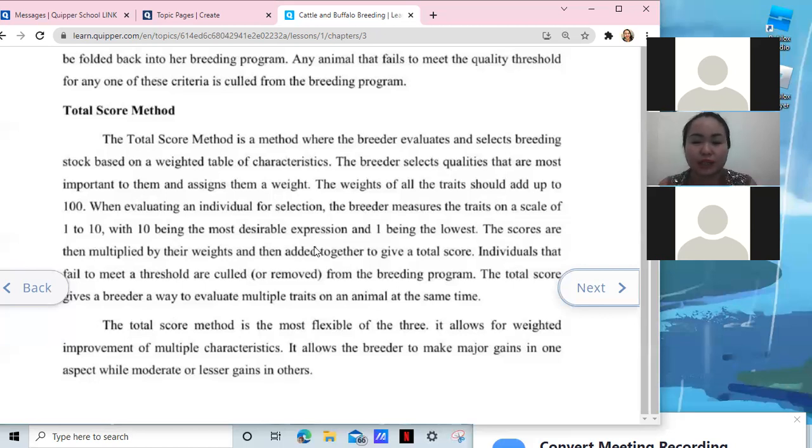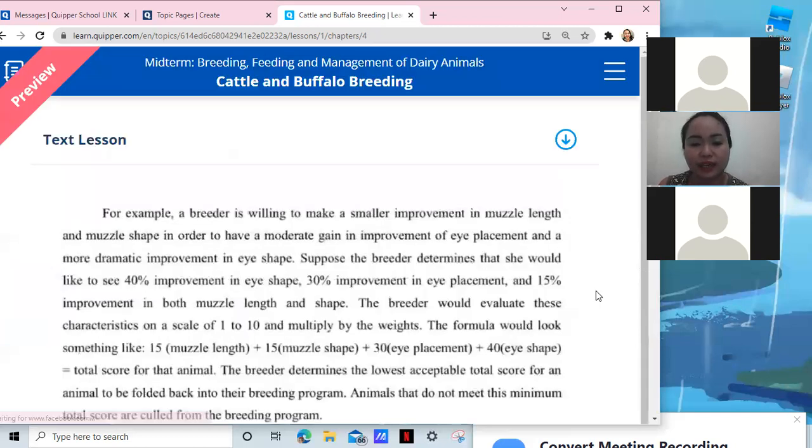Depende sa score ng essay, or contest. So this is the most flexible among the three and allows for weighted improvement of multiple characteristics, and to also make major gains in one aspect while moderate or lesser gains in the others.